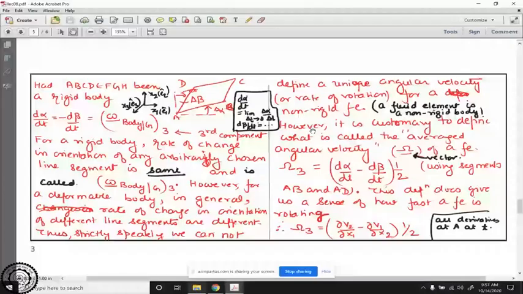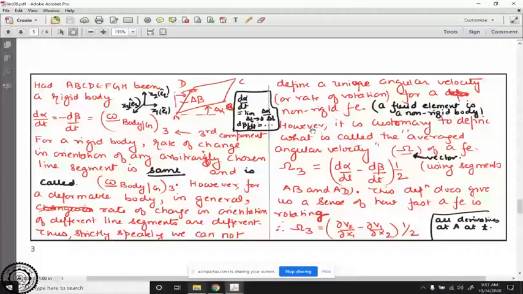So delta alpha minus delta beta tells me the extent to which AB and AD, without collapsing towards each other, tend to rotate in the same sense, both going counterclockwise. The difference tells me their tendency to rotate in the same sense, which in this case is counterclockwise.